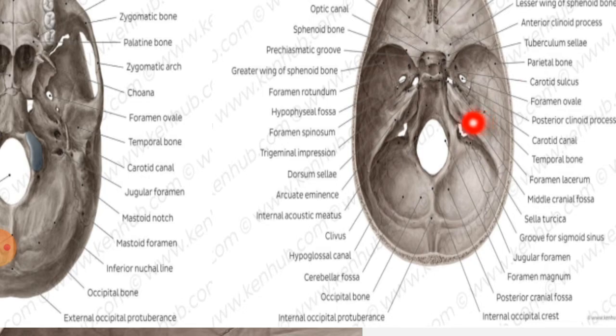Here lies the carotid canal, this one, and this is also very important for the internal carotid artery, which will pass through here, come into the brain, and here it will form the circulus arteriosus.